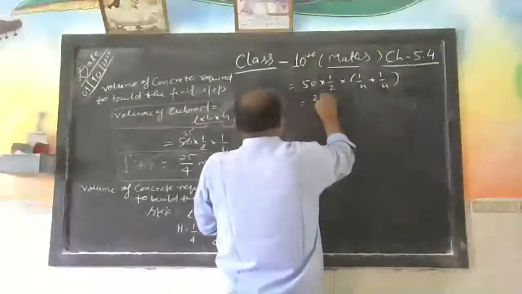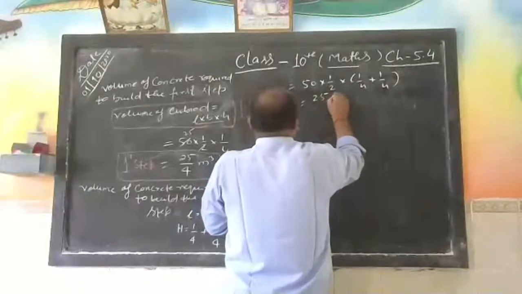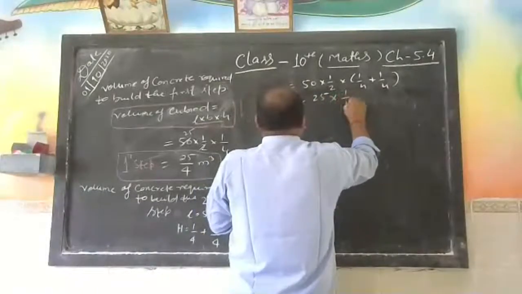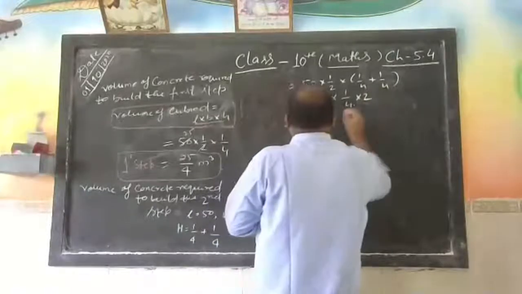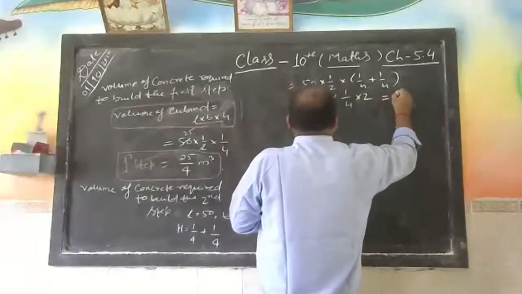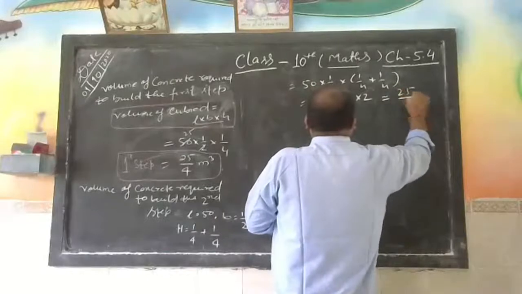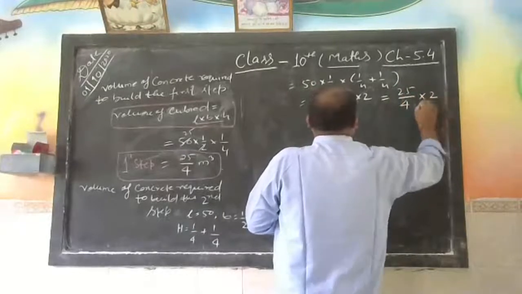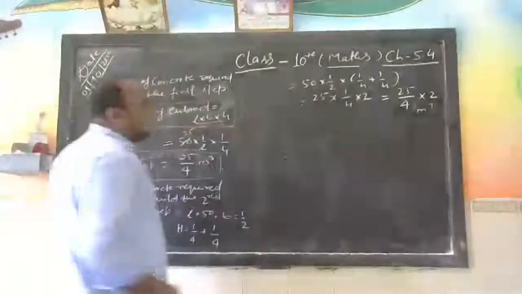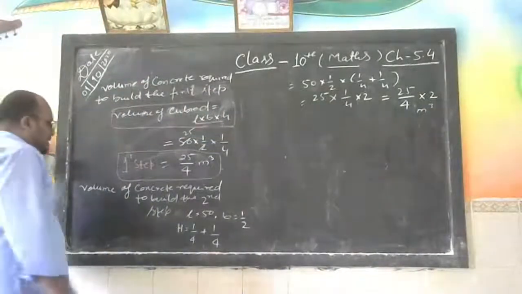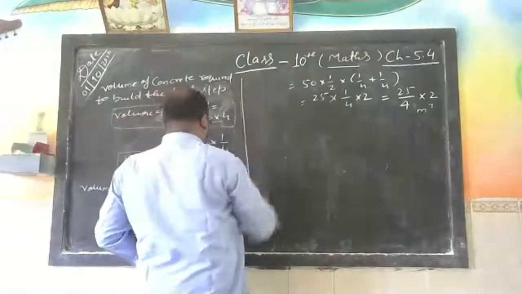That is 25 multiplied by 1 upon 4 into 2, which means 25 upon 4 into 2 meter cube. This is for the second step. Clear? Now for the third step.